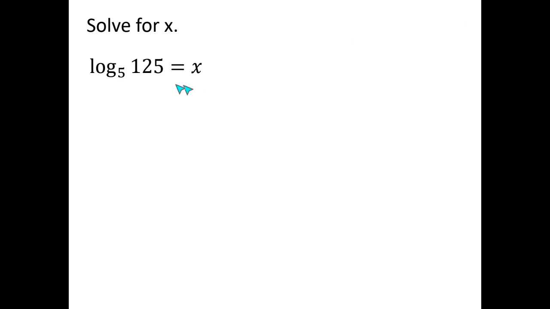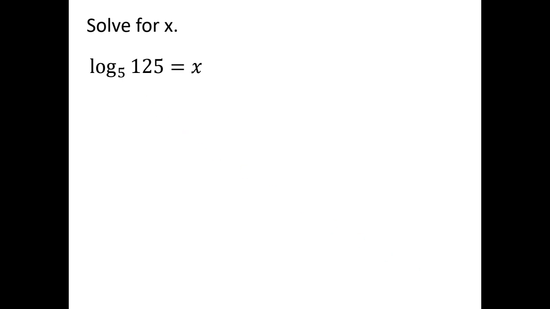So we'll get started. Here we have log base 5 of 125, and that's equal to x. For all of these problems, our goal is going to be to solve for x. Right now it's written as a logarithmic equation.